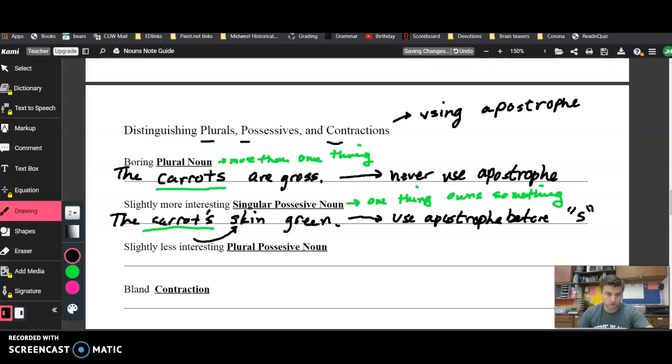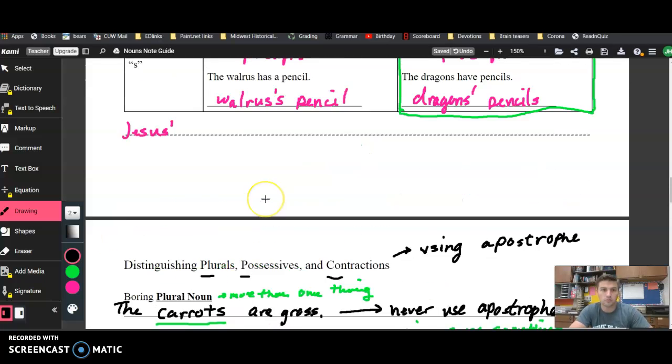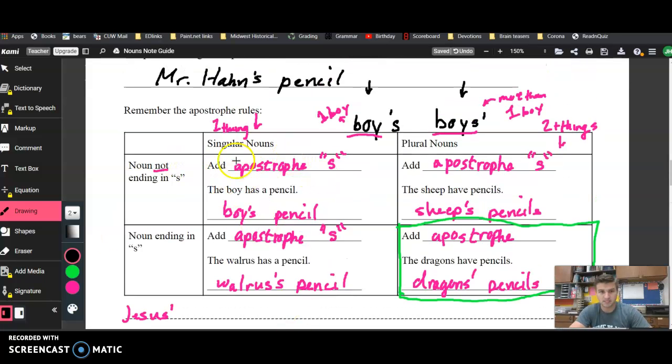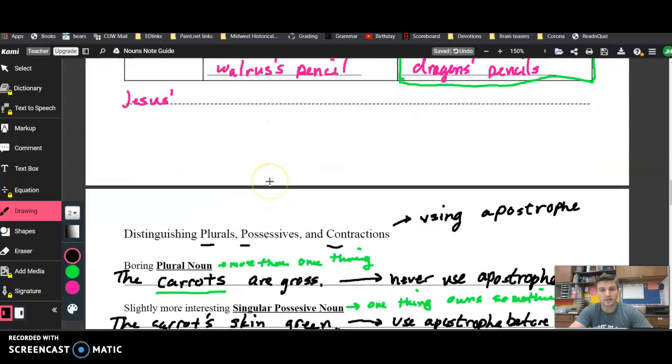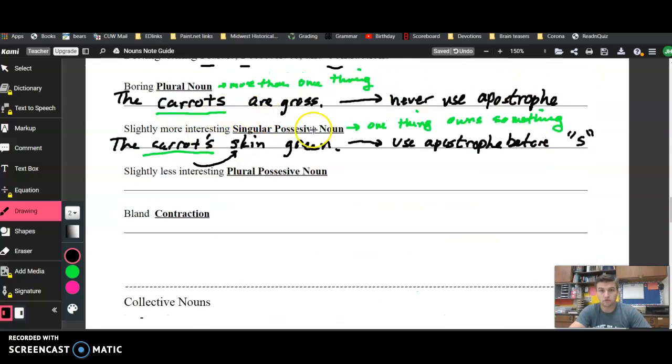If you remember our rules from yesterday, if I come back up here and look at what we talked about yesterday, if we're talking about a singular noun, we're always going to put our apostrophe S. So if we're using a singular possessive noun, it should always be apostrophe S, like 99.9% of the time. The only thing that kind of breaks that is what we talked about with the names. So like Ross's, you might decide to put just an apostrophe, but let's not worry about that. You won't ever lose any points with me for putting apostrophe S on something like that.